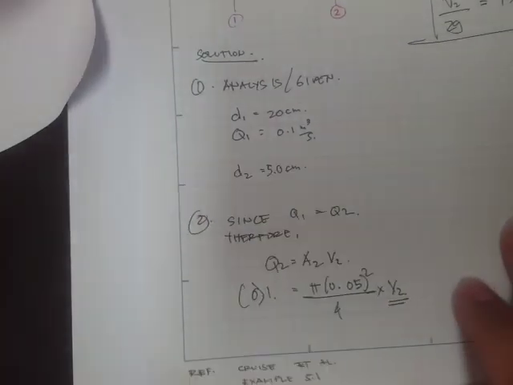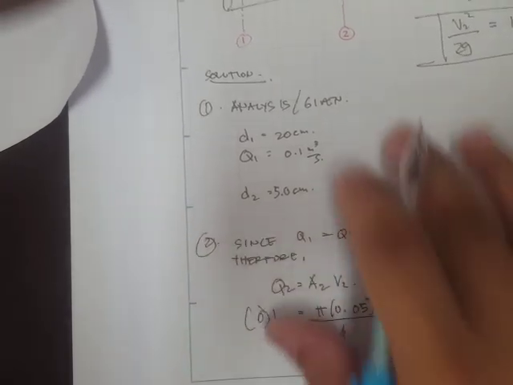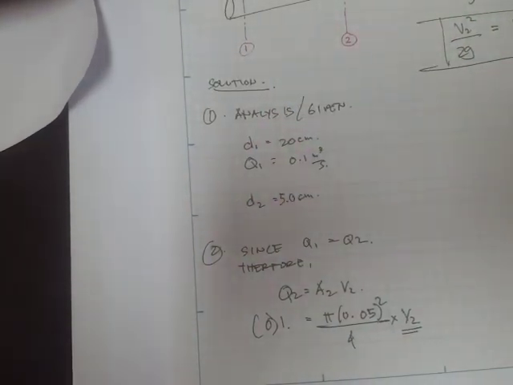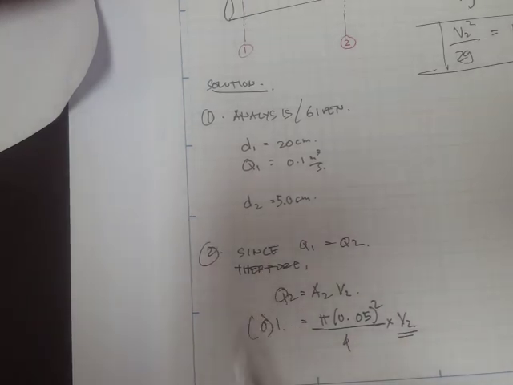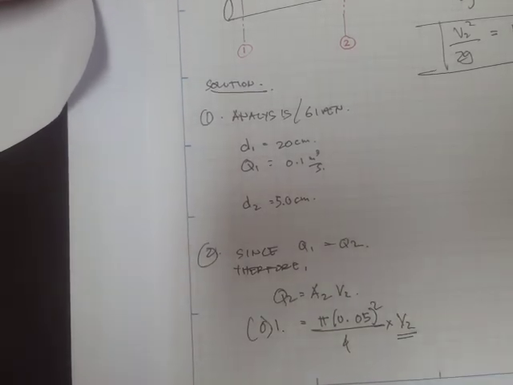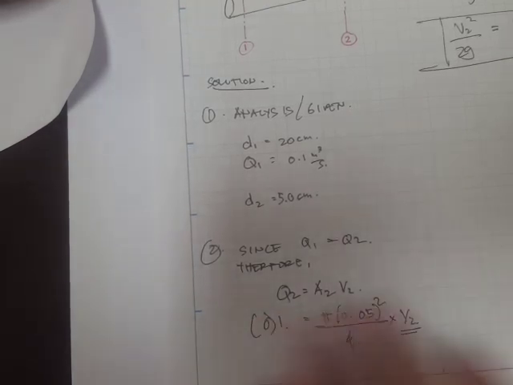Okay, so just a brief recap on our procedure. We first analyze the problem, and from there we can figure out which parameters or which equations can be used directly.